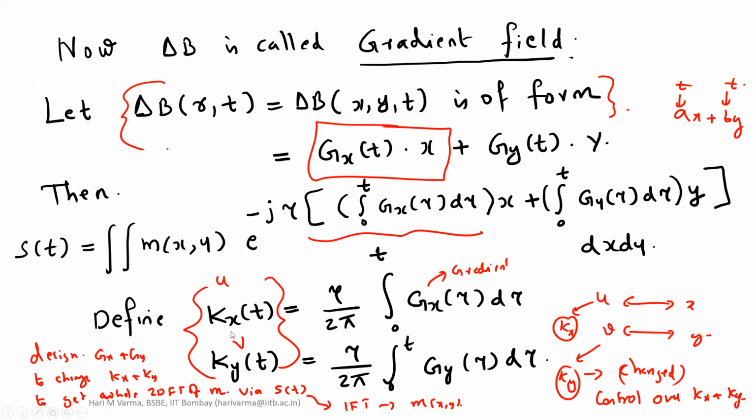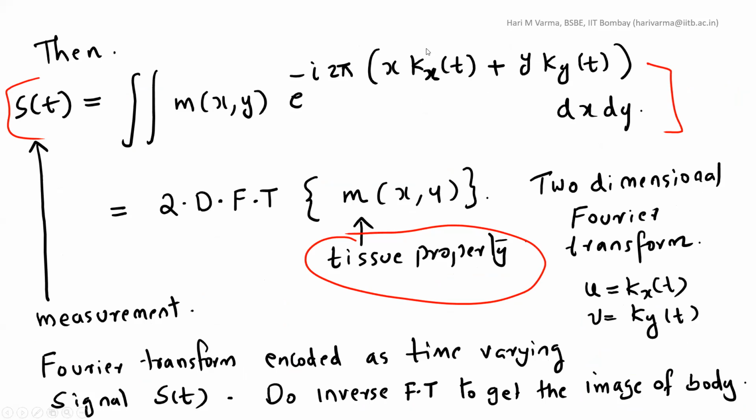In order to understand that, you have to look at kx of t as u and ky of t as v, right? u corresponding to the Fourier variable of x, v corresponding to the Fourier variable of y. So you can put this ux and vy here. So it becomes ux plus vy, exactly the 2D Fourier transform. But if you want to have all u and v, if you want the information of all u and v, you have to change kx of t and ky of t.